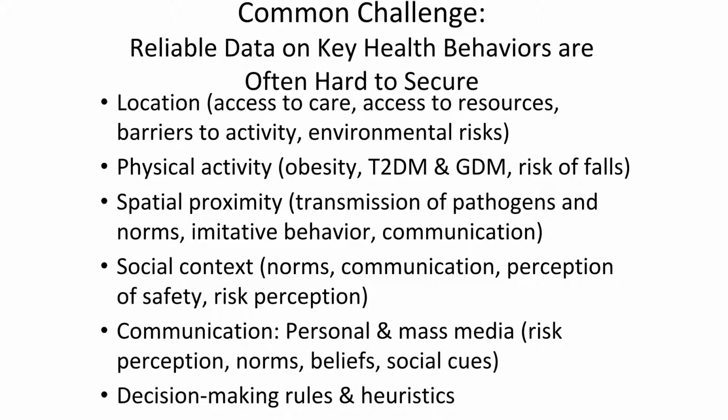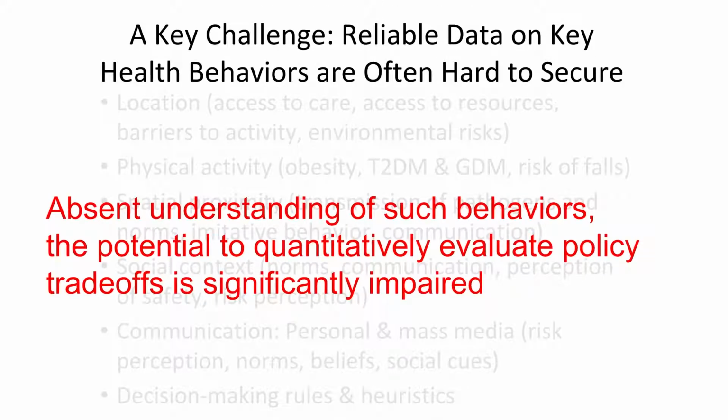And then finally, aspects of people's decision-making rules and heuristics. Now, one of the big challenges in these spheres is that absent a good understanding of these behaviors, and in some cases exposures and context, the potential for quantitatively evaluating policy trade-offs using tools like agent-based modeling that are richly data-informed is really significantly impaired.